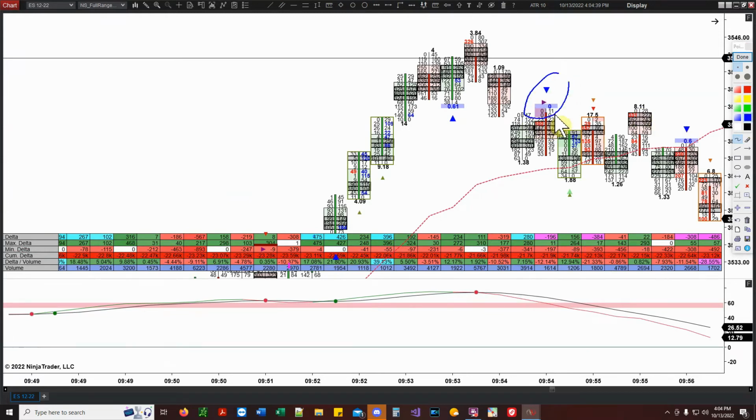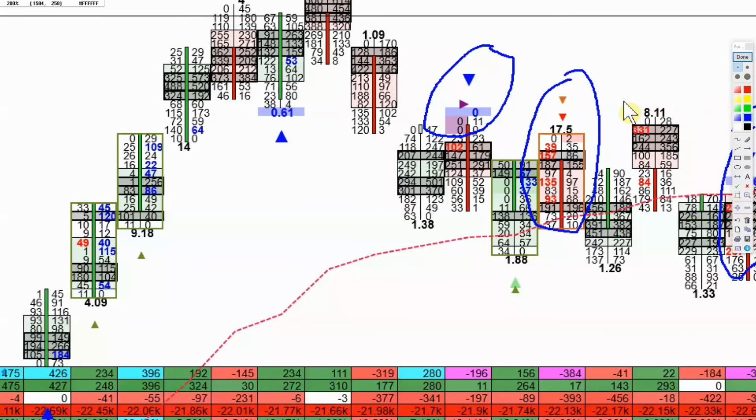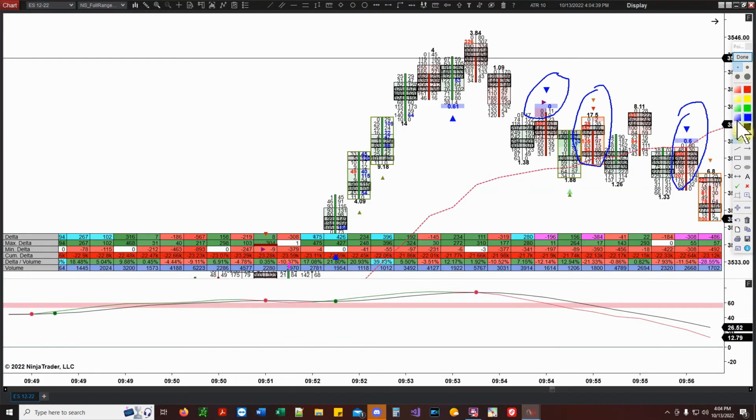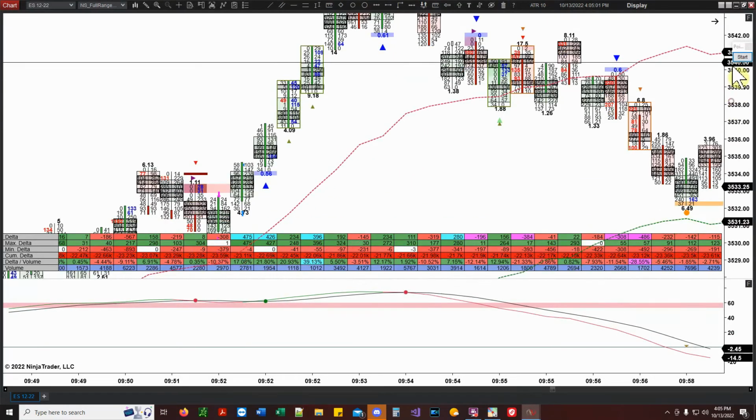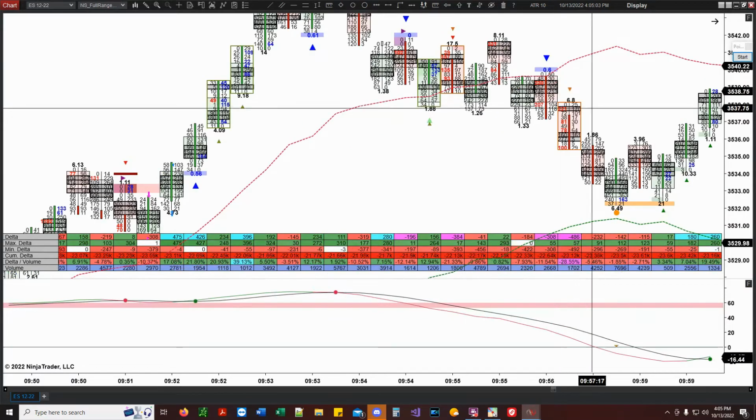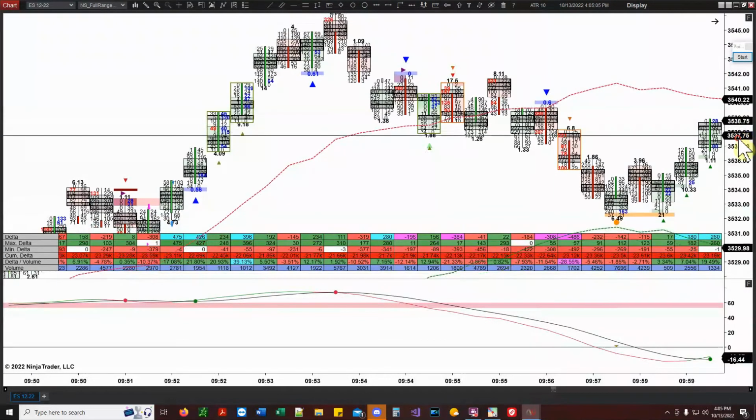This would make my eyebrows raise. Look at that. An imbalance box there. You got another ratio here. Let's see what it does. Boom. That's another scalp.